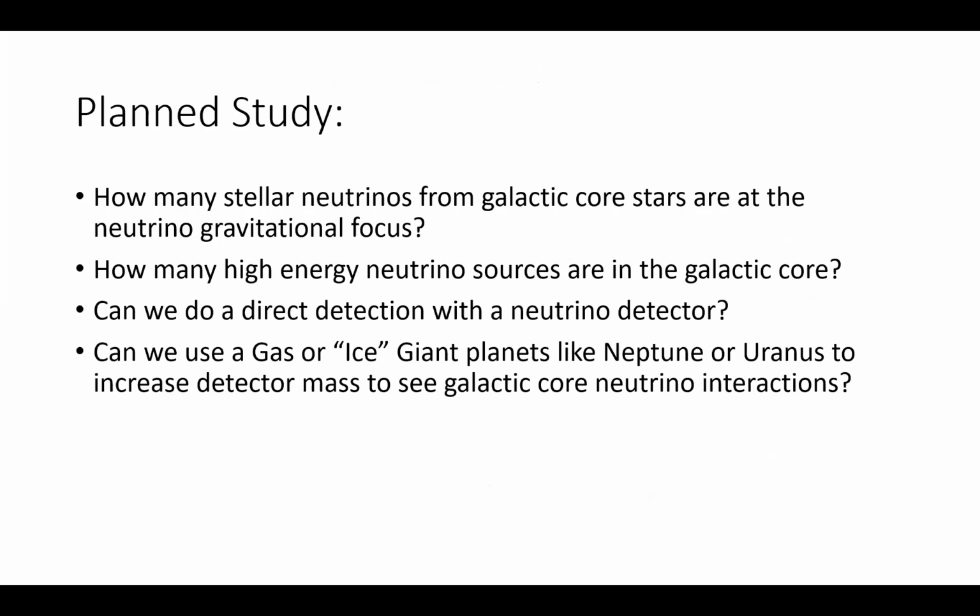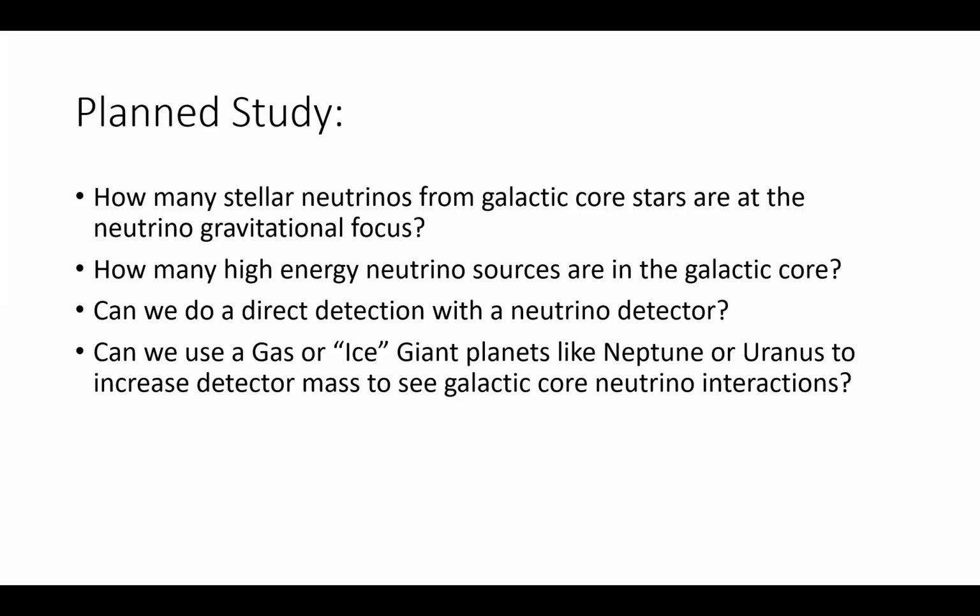So our planned study as we proceed is we'd like to know how many stellar neutrinos from galactic core stars are at the neutrino gravitational focus. We also want to know how many neutrinos of very high energy are at the galactic focus. These would be sources in the galactic core which have accretion disks around neutron stars or black holes.